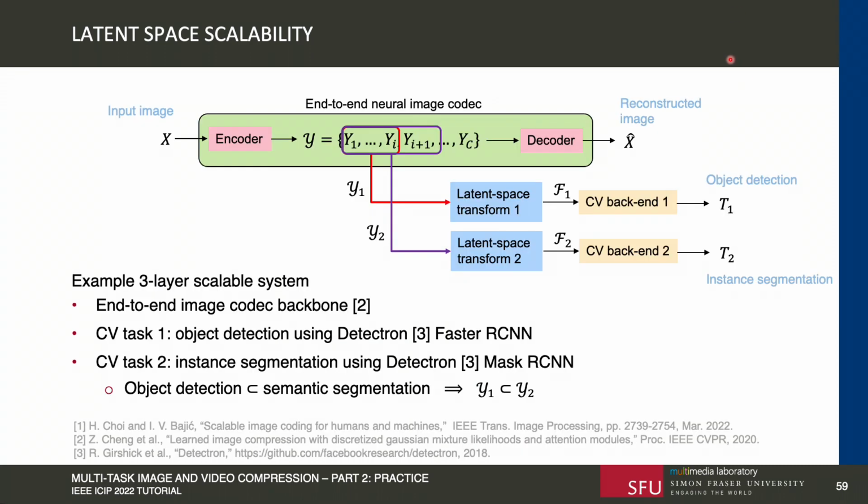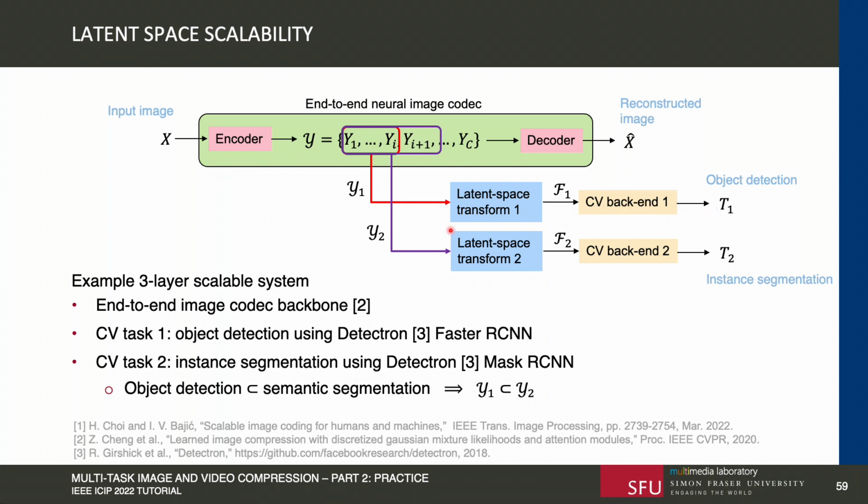So here's the system design based on that conclusion. Again, we start with an end-to-end neural image codec whose latent space supports input reconstruction. A portion of that latent space is then dedicated for instance segmentation, and a further subset of that is dedicated for object detection.